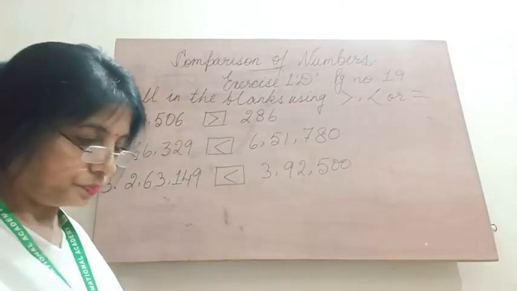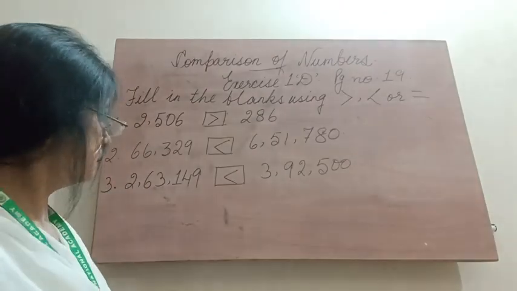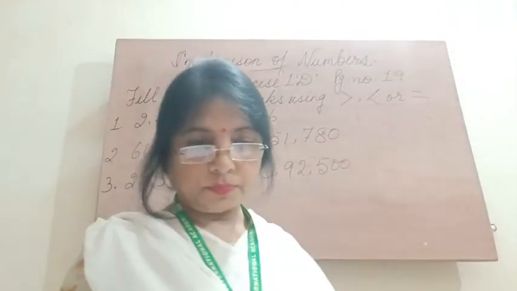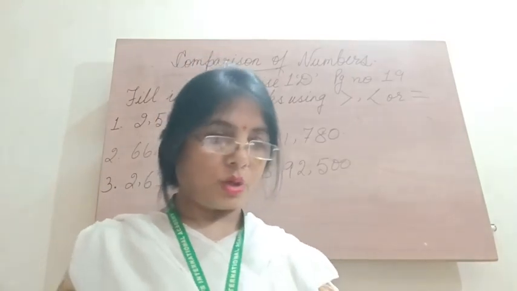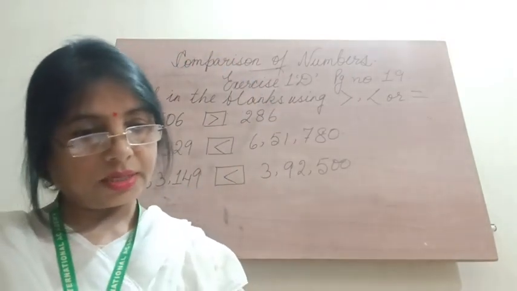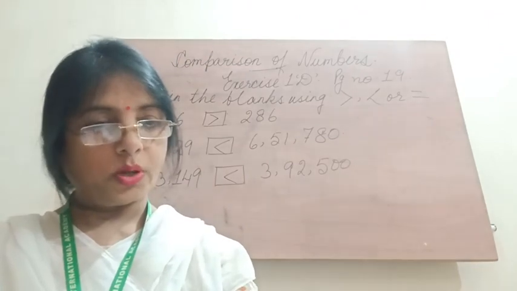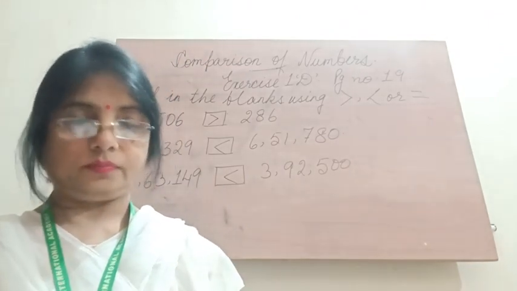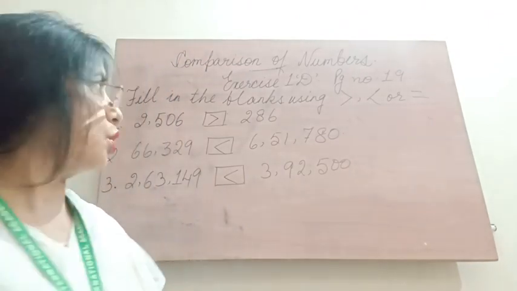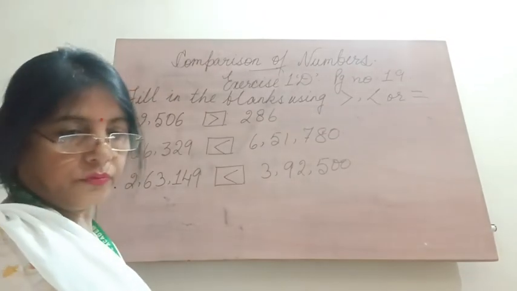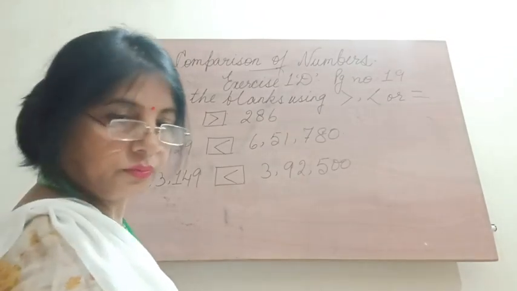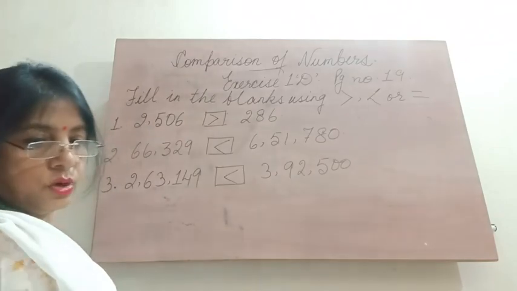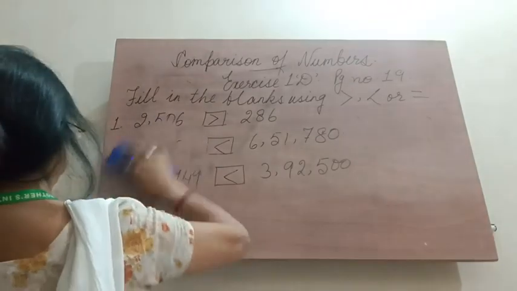Clear to you? Okay. Now I think you can solve the first exercise. Now we will move towards the second one of the same exercise, that is, you have to find the larger number.